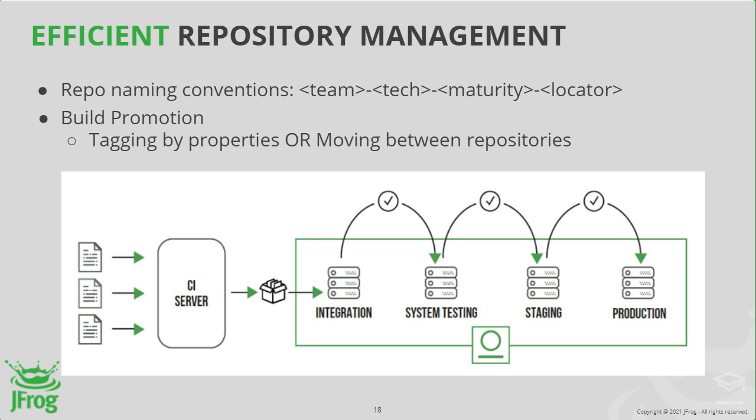So if the CI server is now building a Docker image and it gets pushed into a repository that is marked development, and after some time, after some tests, it can move to a repository that is used for QA, and then for staging, and then for production, so that we can take a look at the binary, its location, its tags, and understand what is the maturity of this binary.